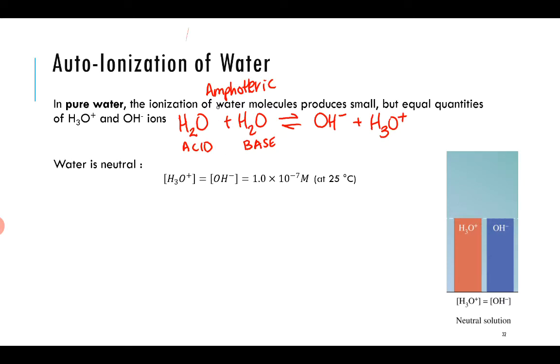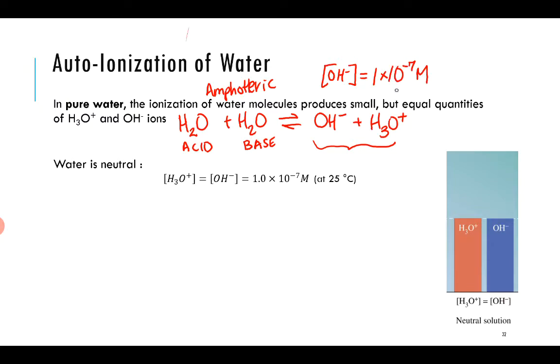And so neutral water will contain both OH minus ions and H3O plus ions. The amount of OH minus ions and H3O plus ions is very small. The molarity of OH minus in solution is 1 times 10 to the minus 7th molar.